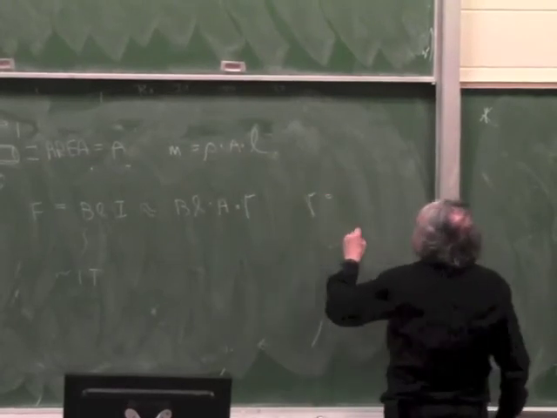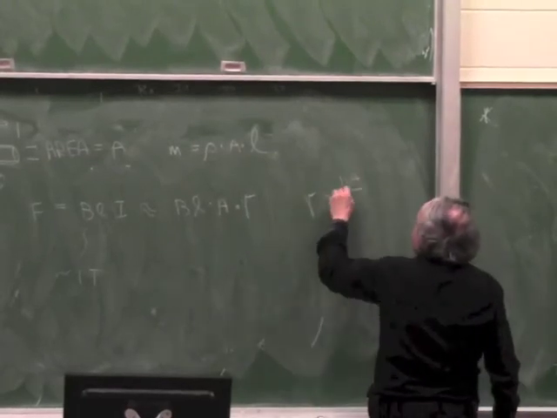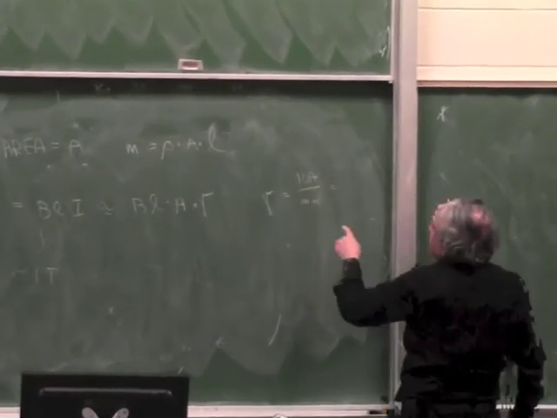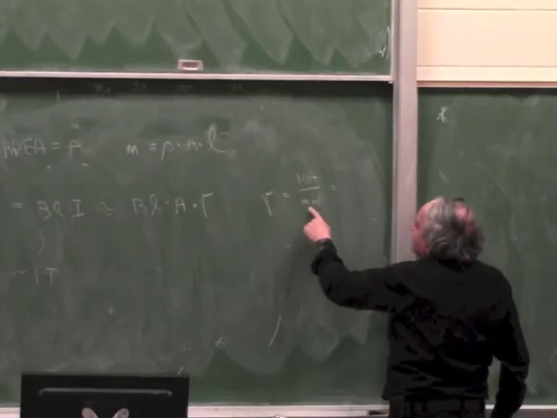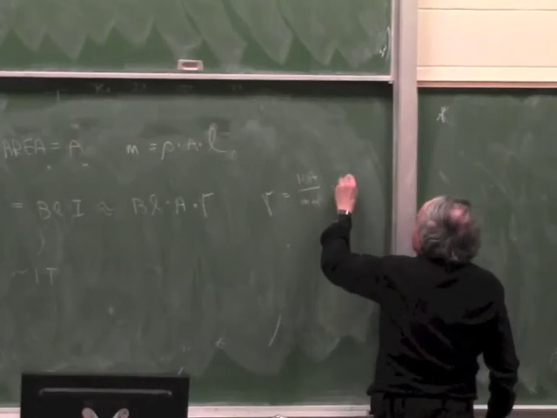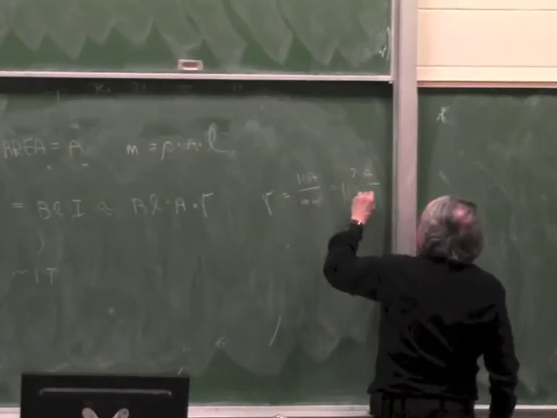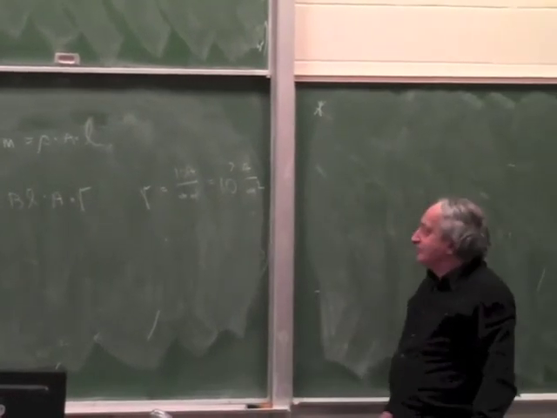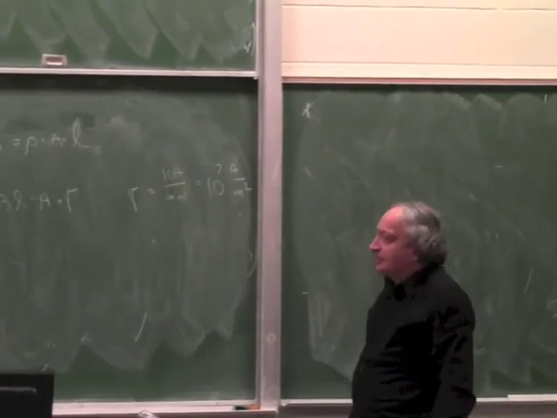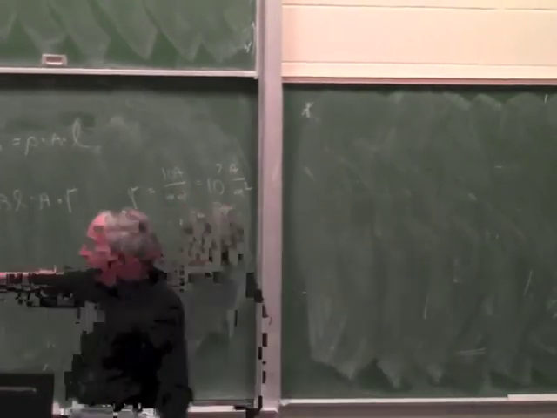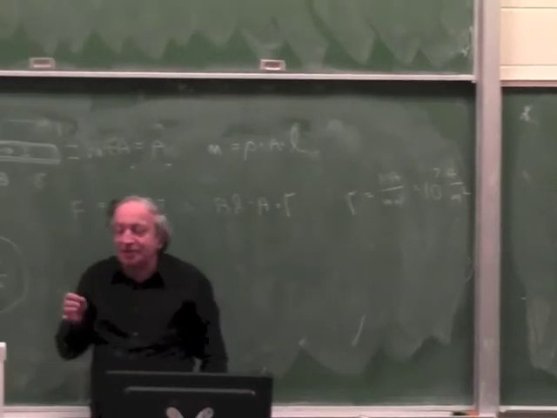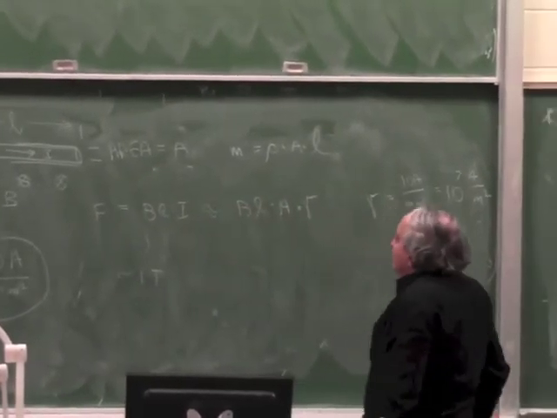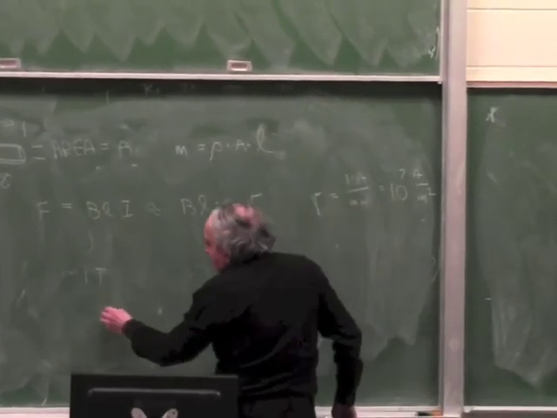Gamma is 10 amps per square millimeter, or 10 amps over 10 to the minus 6, so this will be 10 to the 7th amps per square meter. But the easier number to remember is the square millimeter, because it has an intuitive meaning: a square millimeter is your average wire.